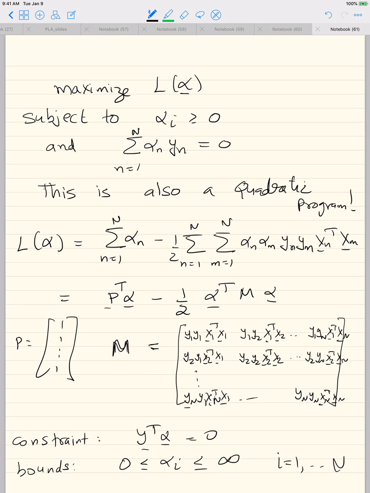The point is that this problem can also be solved using a quadratic programming solver, just like the original primal problem. However, we have eliminated the variables w and b. We are no longer optimizing over them. And this particular problem is known as the dual formulation.